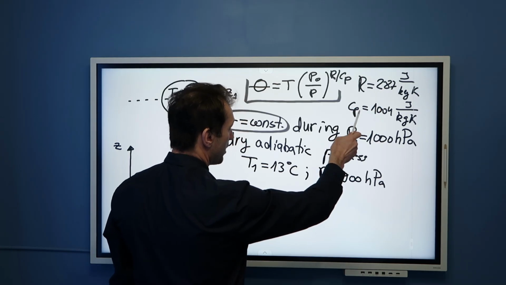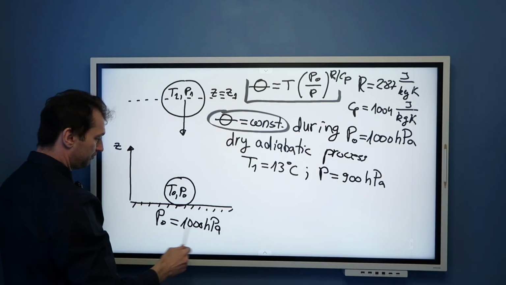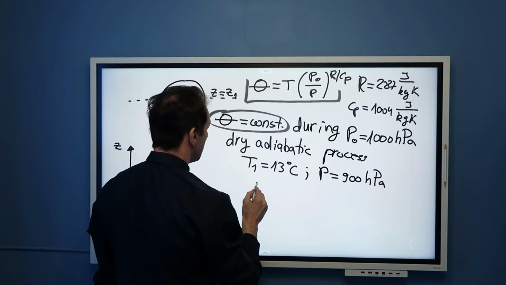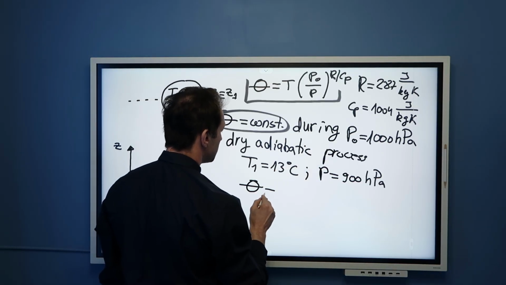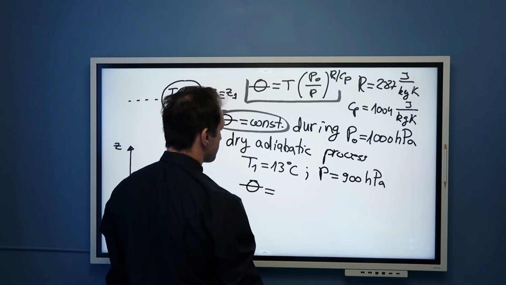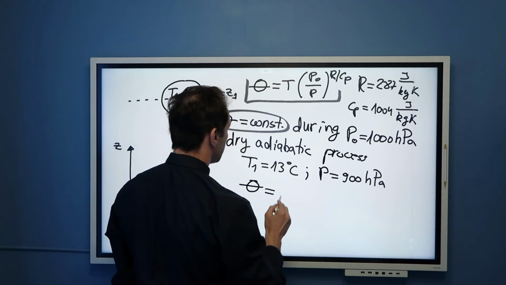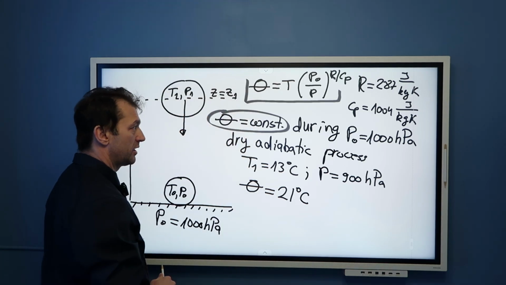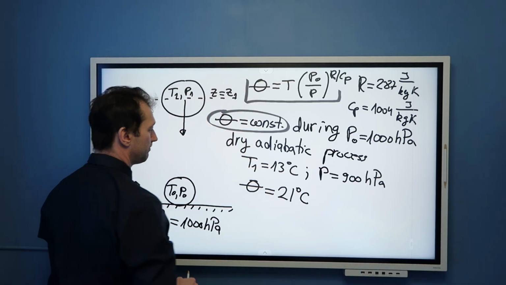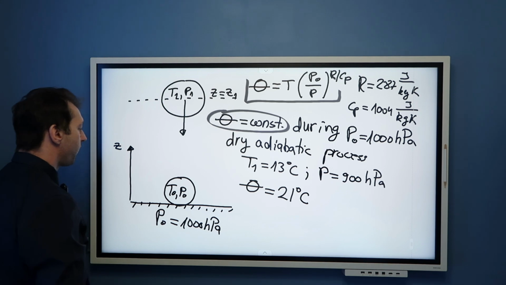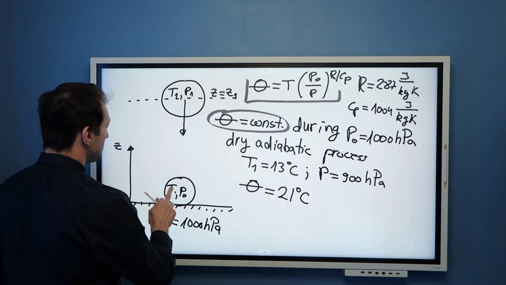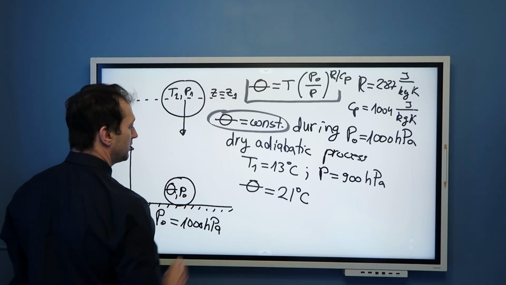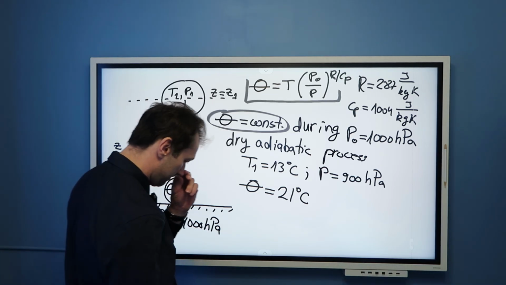You have R, you have Cp, you have P naught, you have P. If you insert everything here, you will get that theta is equal, if I go back to degrees Celsius, 21 degrees Celsius. So this temperature T0 here, which is basically theta, is equal to 21 degrees Celsius.